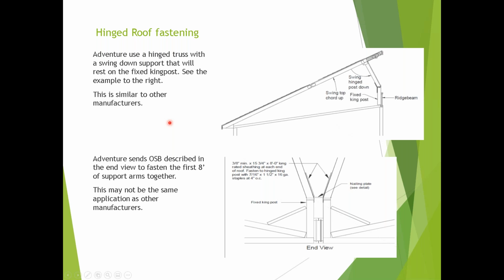Most hinged roofs are basically designed and built in the same manner. You've always got a fixed king post at the high end or at the marriage line side, and then you've got a swinging arm or a support. And so you raise the roof, you swing that arm out and it sits on top of the king post.